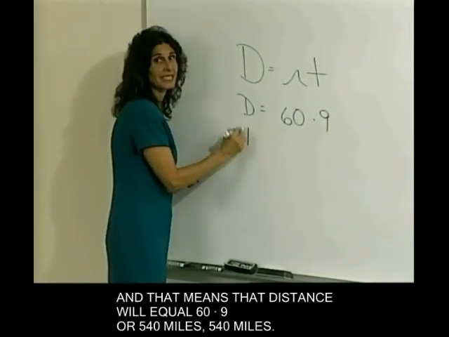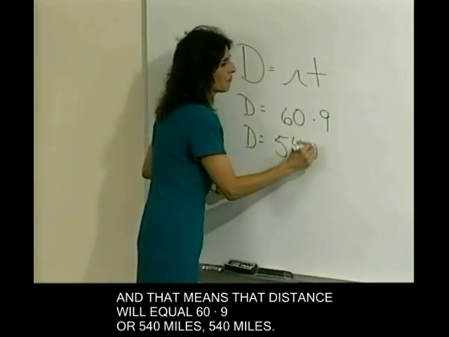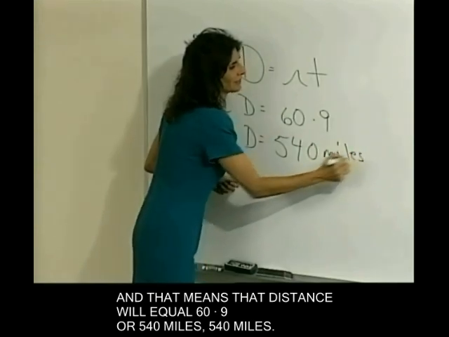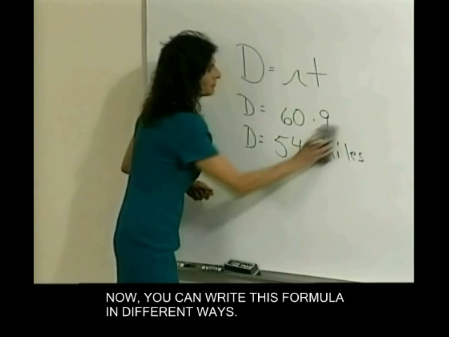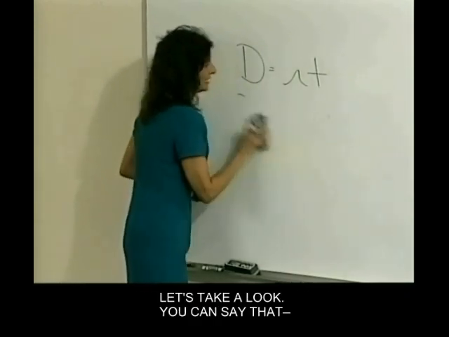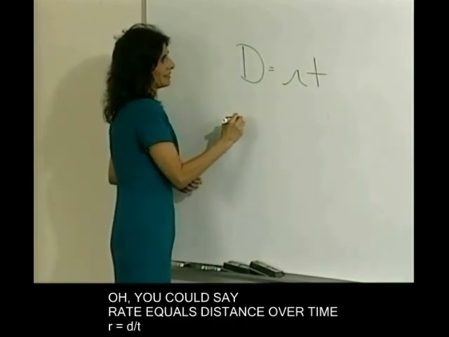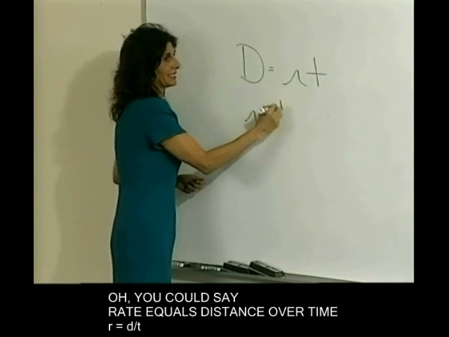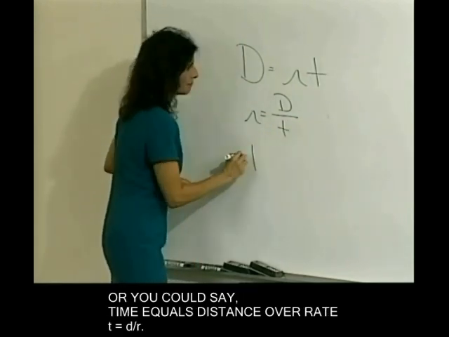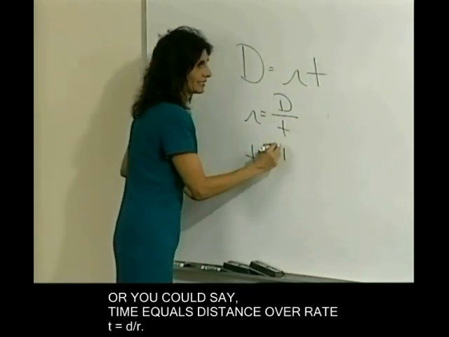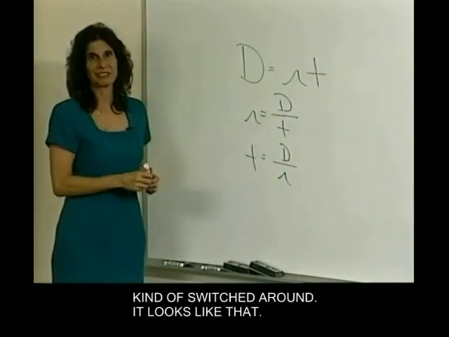That means distance equals 60 times 9, or 540 miles. Now, you can write this formula in different ways. You could say rate equals distance over time, or time equals distance over rate. The formula can be switched around.